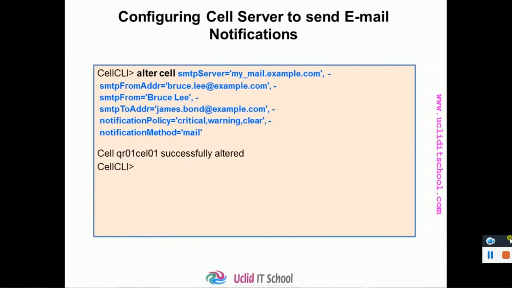Basically, you should use the alter cell command and type your SMTP server details as mentioned in this example. Alerts can be generated for three different settings: critical, warning, and clear.